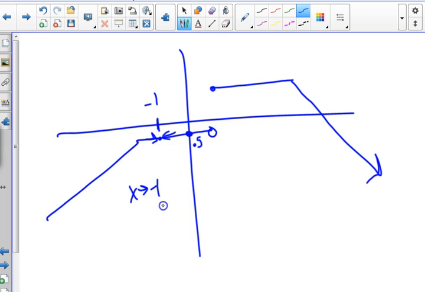Does that make sense? If I ask you the limit at right here, we'll say this is x equals 7, and if that was y equals 3, at 7, the limit as x approaches 7, it's going closer and closer to what y value? 3.